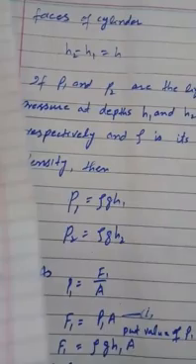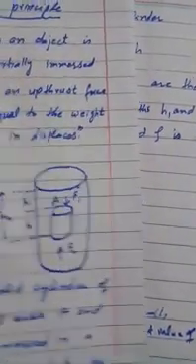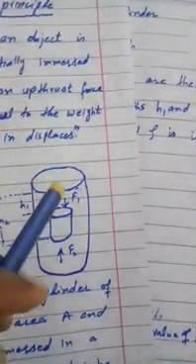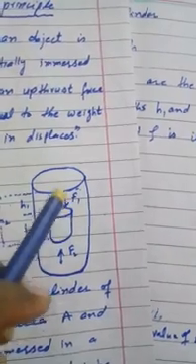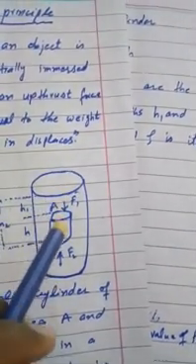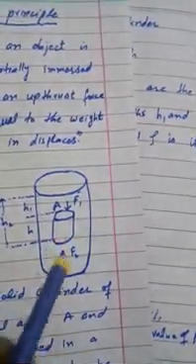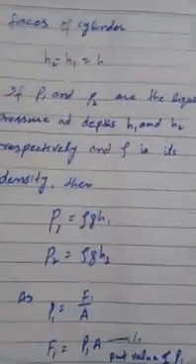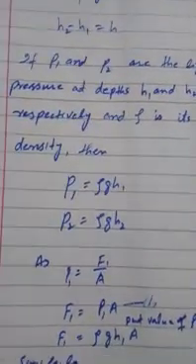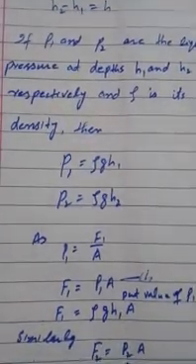P1 is the pressure exerted on the top surface of the object in the downward direction, and P2 is the pressure acting at its bottom in the upward direction. That's why the pressures are written P1 equal to rho g h1 and P2 equal to rho g h2.